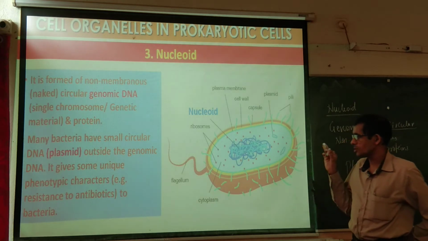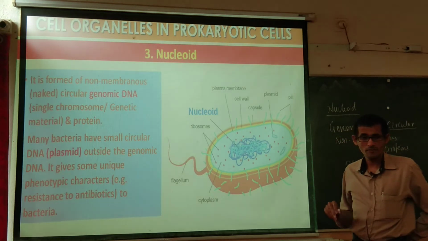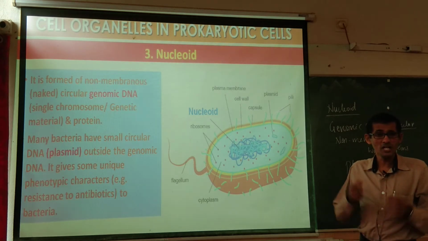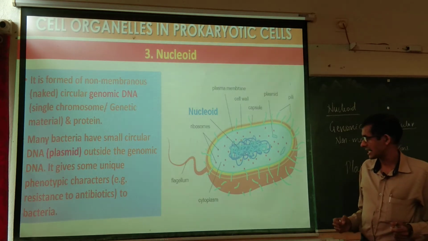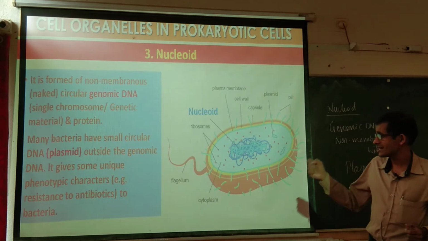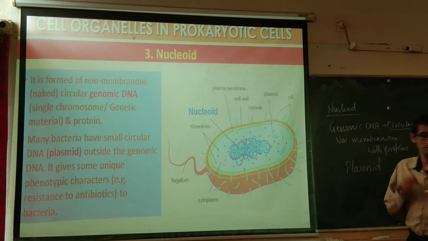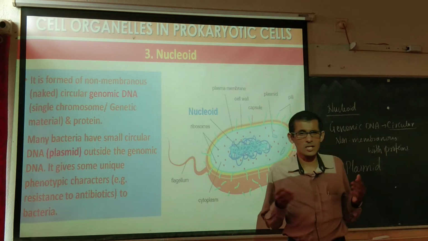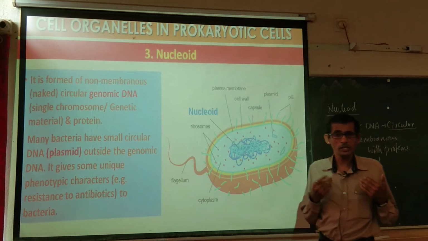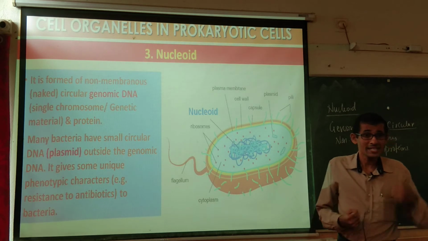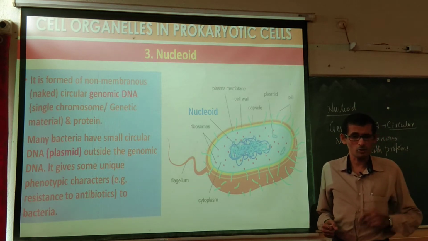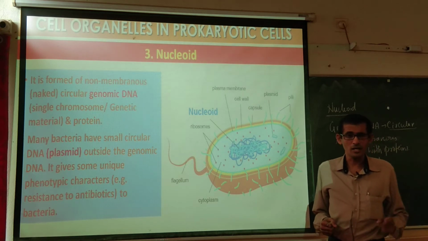It gives some unique phenotypic characters. It is responsible for the expression of some characters, for example resistance to antibiotics. This plasmid, the additional genetic material, shows resistance against some of the antibiotics, which work against pathogens.